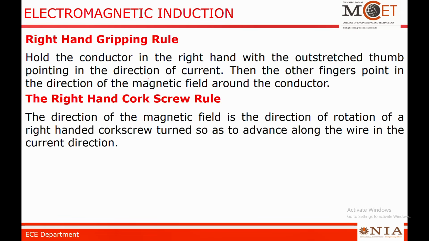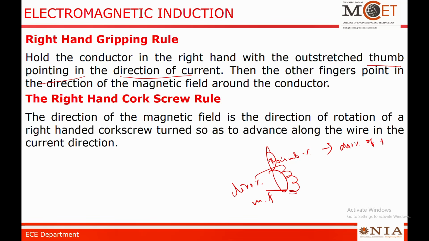The remaining fingers show the direction of the magnetic field. So the thumb shows the direction of the current.